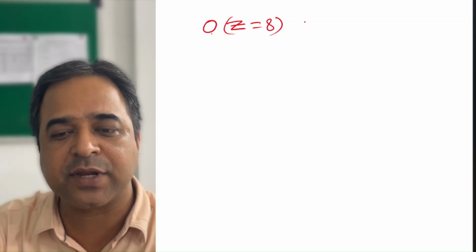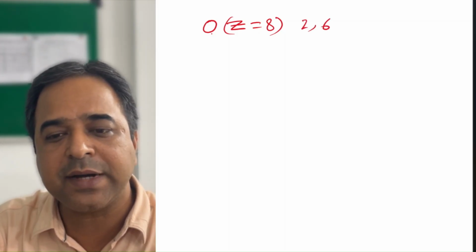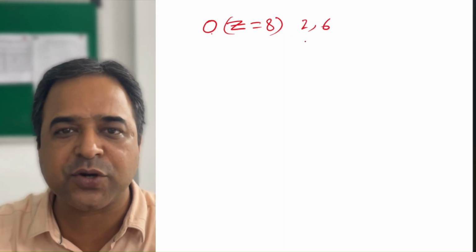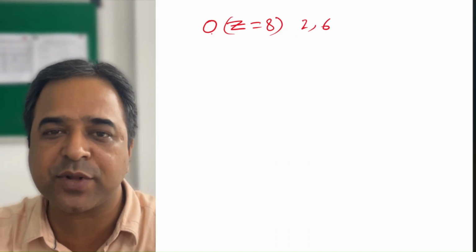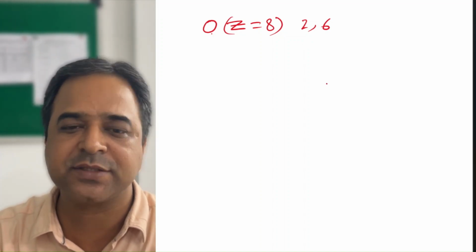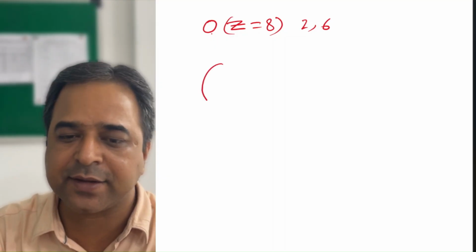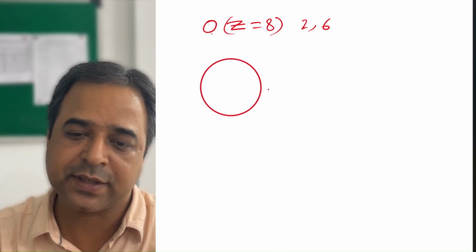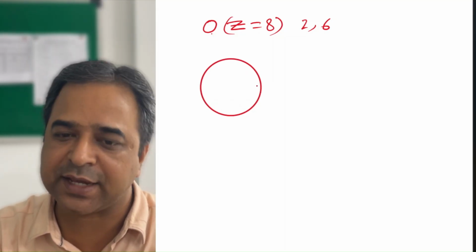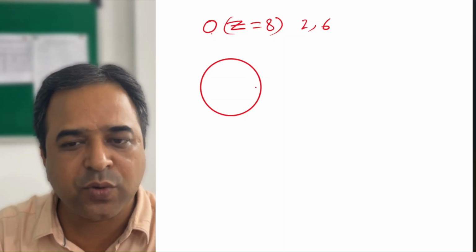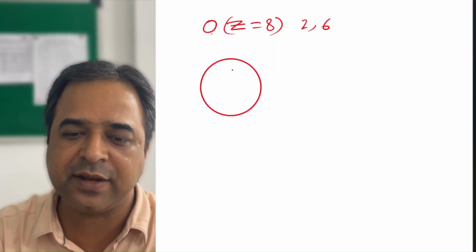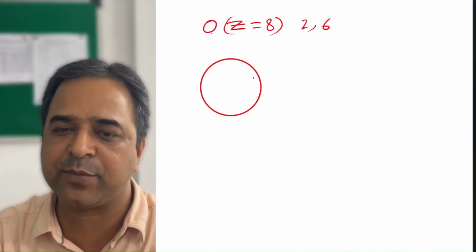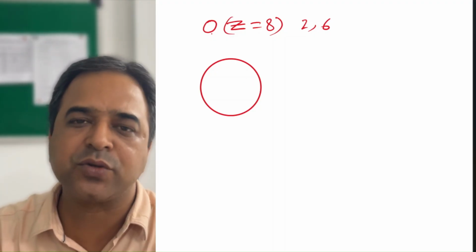So its electronic configuration would be 2, 6, which means the first orbit will have 2 electrons and its valence shell, its outermost shell, will have 6 electrons only. You are aware that the first shell will be filled by 2 electrons and the outermost shell will have 6 electrons.